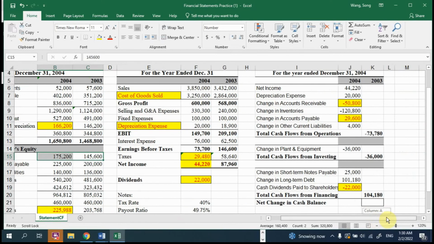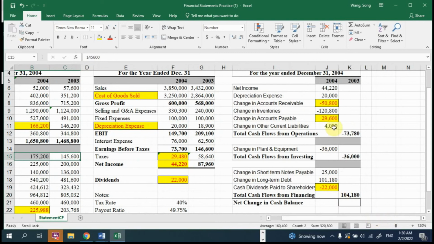All right, and then we will check all the other items, and I'm not gonna go over one by one, and you will see in sum we have all this total cash flows for three groups: operating, investing, and financing. And then we're gonna add them up.